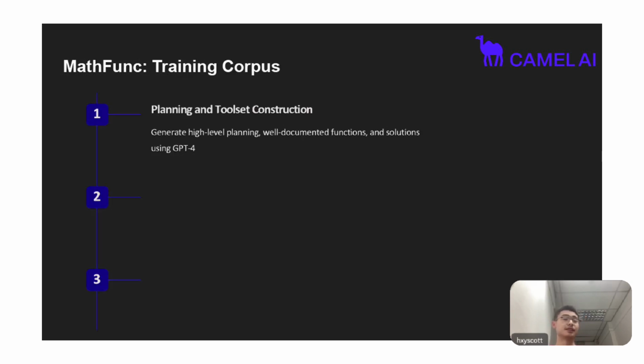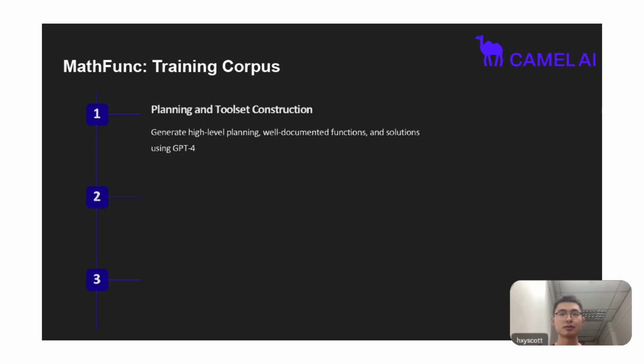Awesome. Okay, so let's start with the first one, MathFunc, which is the training corpus that it generates. I'm going to give you a brief overview here, and I'm going to explain details later in the next slides. First, they come up with their own tool planning and their own tool set. In this paper, the tool set is constructed on the fly.